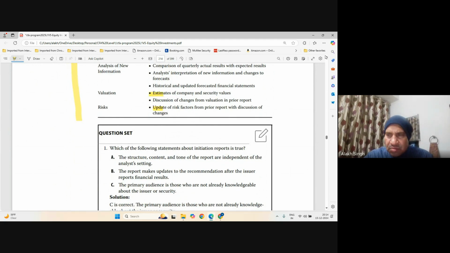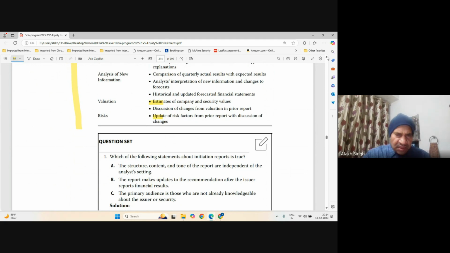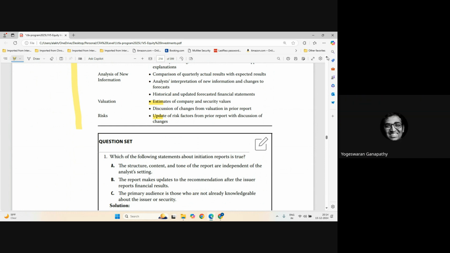Okay, so now the question for you. Read this question. Which of the following statements about initiation reports are true? A: The structure, content, and tone of the report are independent of the analyst's setting. B: The report makes updates to the recommendation after the issuer reports financial results.